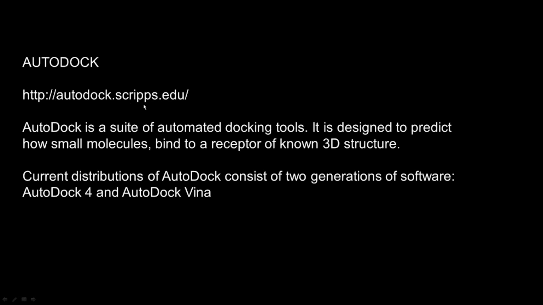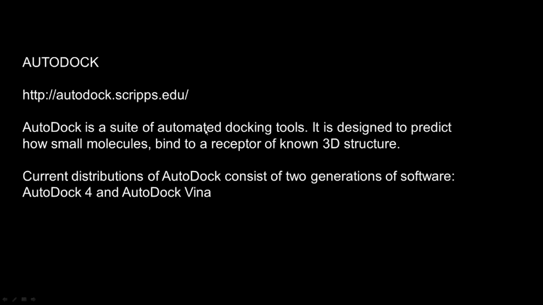AutoDock, this is the AutoDock scripps.edu site. This is a suite of automated docking tools. I will show you later. It is designed to predict how small molecules bind to a receptor. It can calculate binding energies. So we have AutoDock 4 and AutoDock Vina, which can do the job. Then we also have SwissDock, www.swissdock.ch.